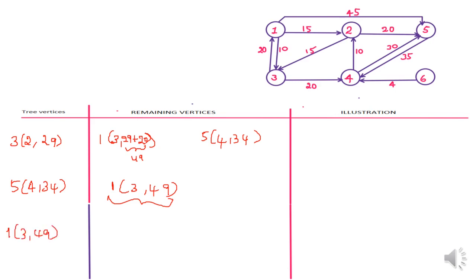Now here in the illustration, the minimum smallest vertex is 6, 4, 4, 2, and then 3. Now this is 20, this is 50, 10. So this was the illustration. Now after that, only one vertex was remaining.